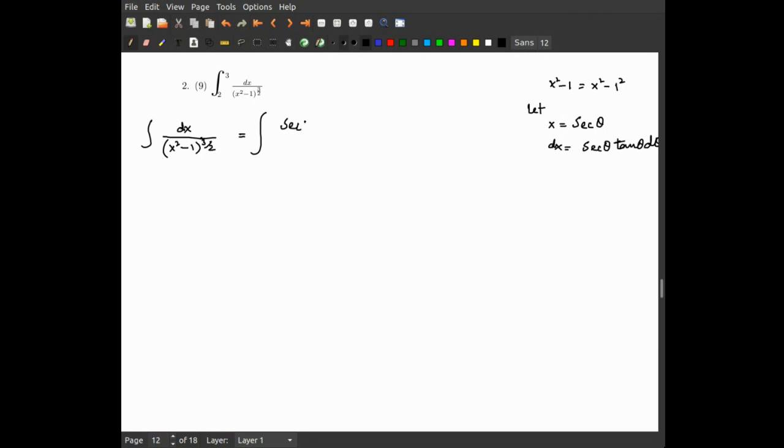Dx will be replaced by secant theta, tan theta, d theta. And now we have secant square theta minus 1 to the power 3 over 2. Okay. Then we have secant theta, and tan theta, d theta. Secant square theta minus 1 is tan square theta.